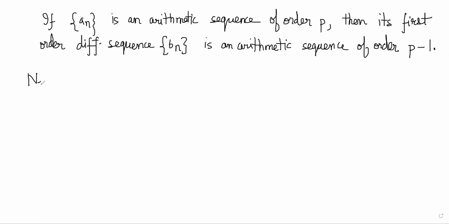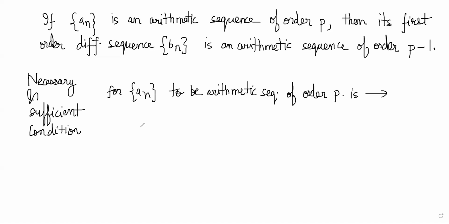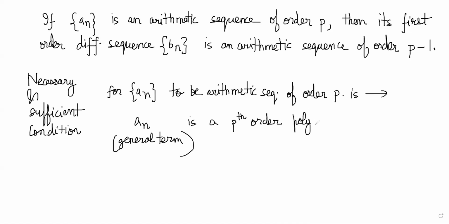And the necessary and sufficient condition for a sequence An to be an arithmetic sequence of order P is that the general term An of the sequence is a pth order polynomial in n.